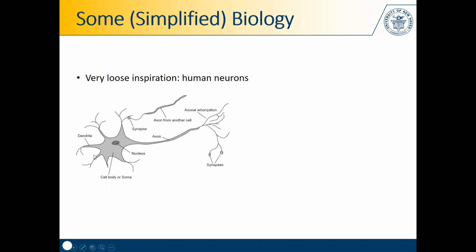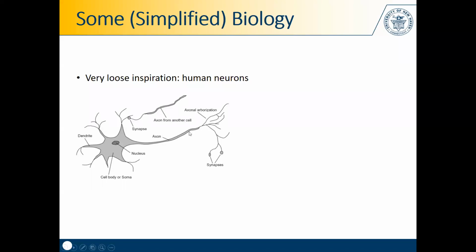And then these signals are all amalgamated and integrated in the body of the neuron and are modulated in some way, and their output flows through an axon. So the axon is like an output channel for a biological neuron.